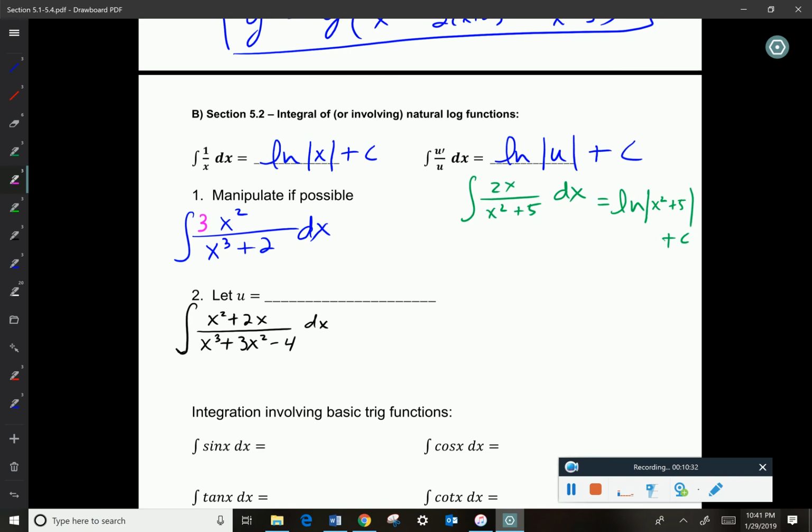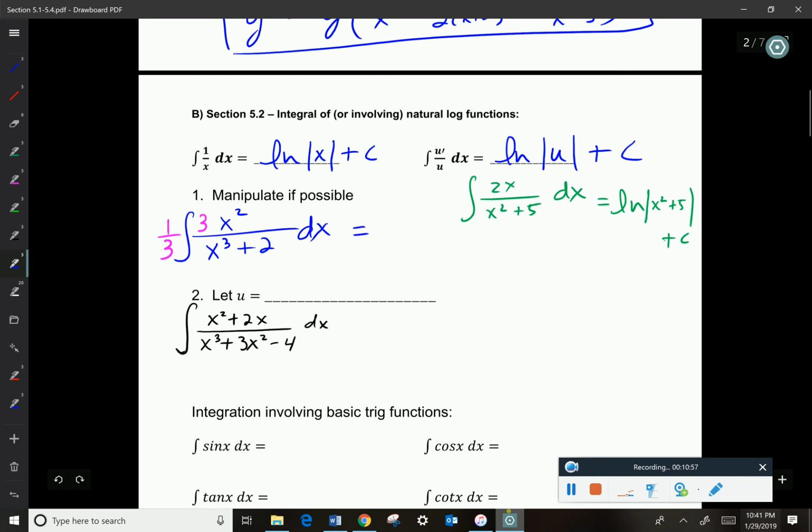Well, you can't just change the problem. But what you can do is manipulate it so it looks different even though it's equivalent. So if I want to put a 3 up there, what if on the outside I put a 1/3? So technically I'm multiplying by 3 over 3. That doesn't change the value of it. If I do that though, now it's a u prime over u.